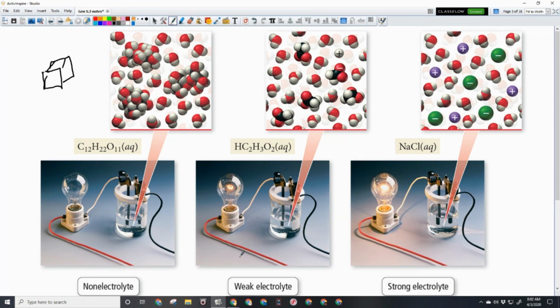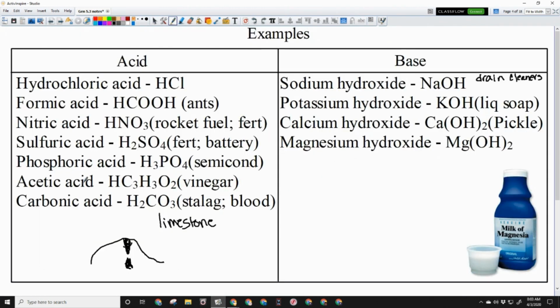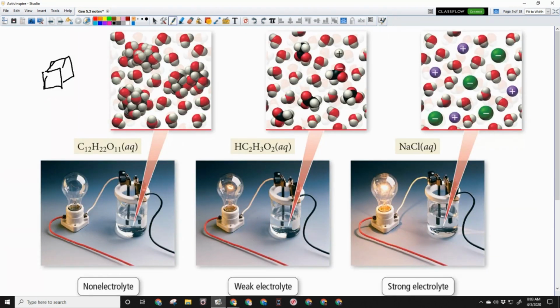So let's compare that to a weak electrolyte. Here we have HC2H3O2. And if we look back, we'll see that that is acetic acid. This is vinegar. So when we pour vinegar into water, it does dissolve, and it does dissociate.